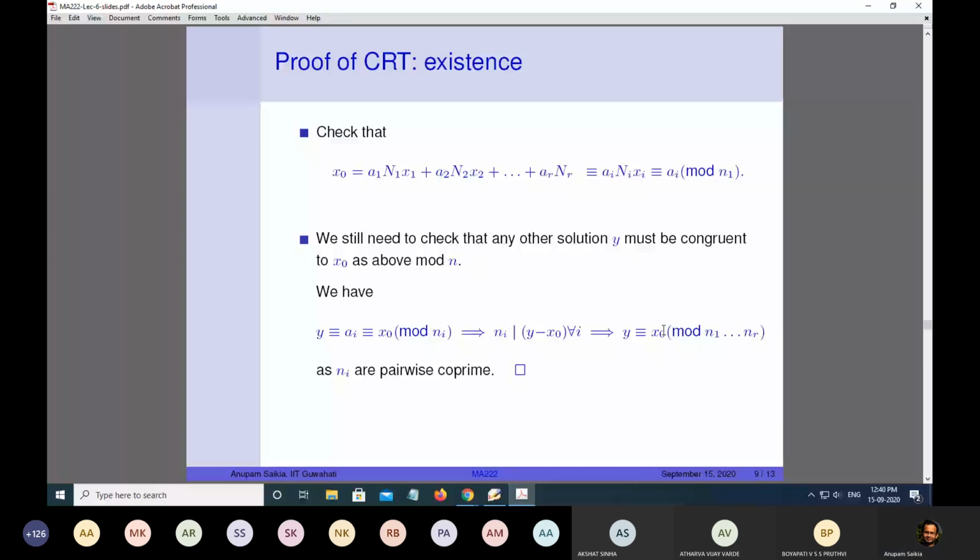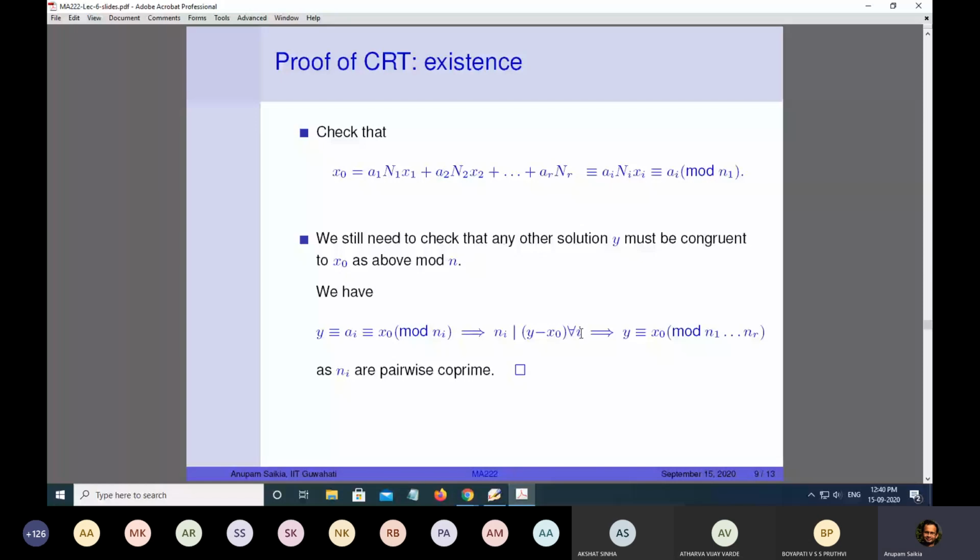So remember what we are using here. If this divides this and something else co-prime to this also divides, then their product will also divide. If A divides x and B divides x, then AB also divides x, provided A and B are co-prime.